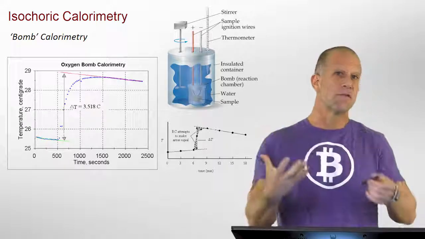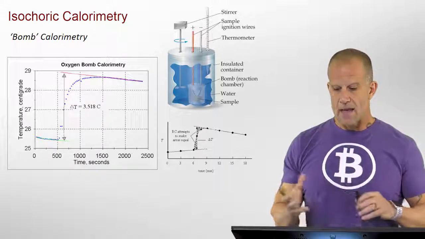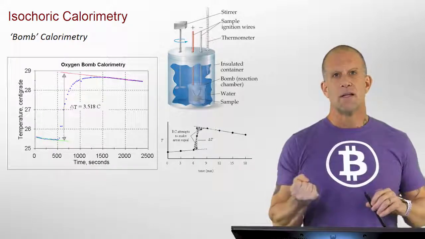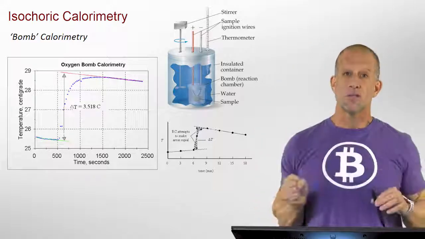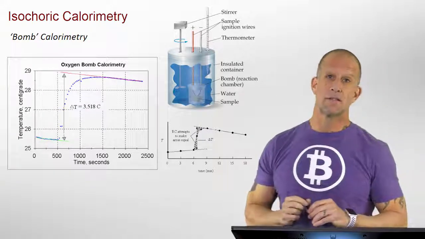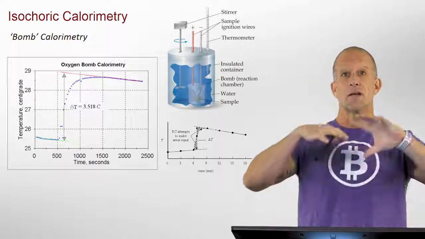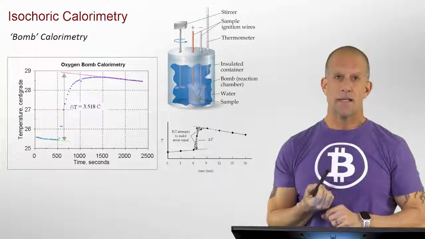This is common in the food industry, pharmaceutical industry, et cetera. And so you'll put a sample into it, you'll load oxygen at high pressure, but the whole thing is under constant volume conditions. And then you do something to ignite it to have it hopefully completely combust.